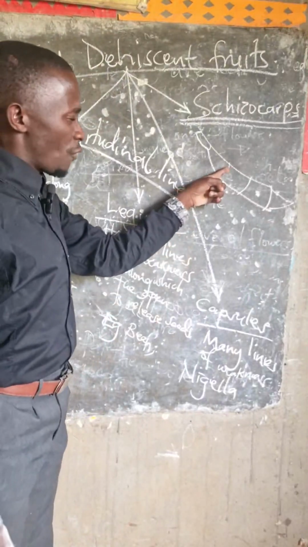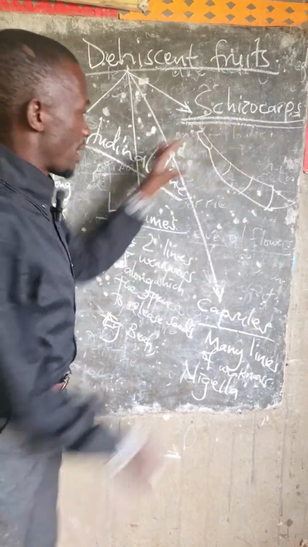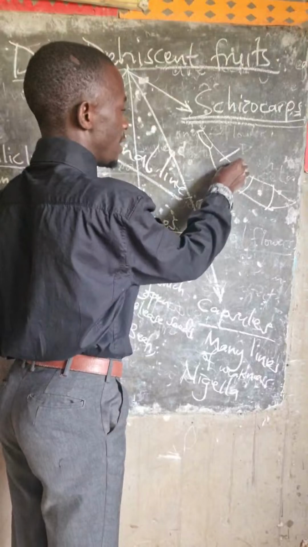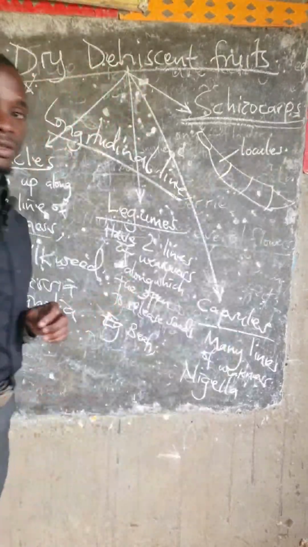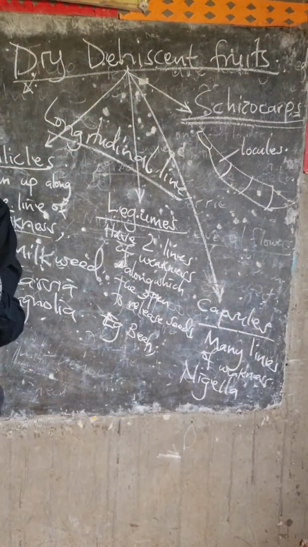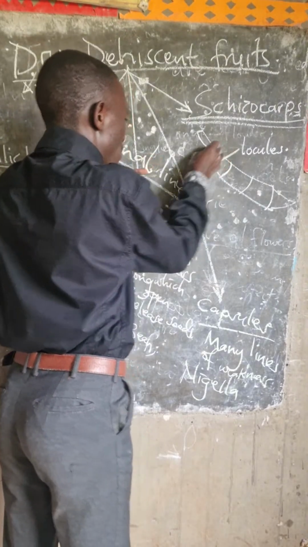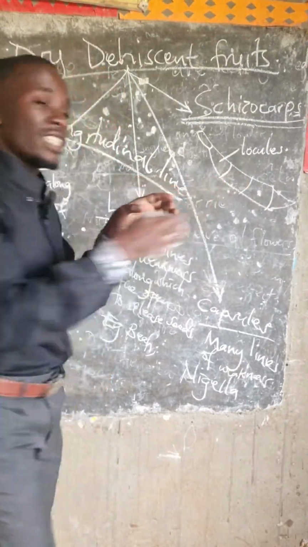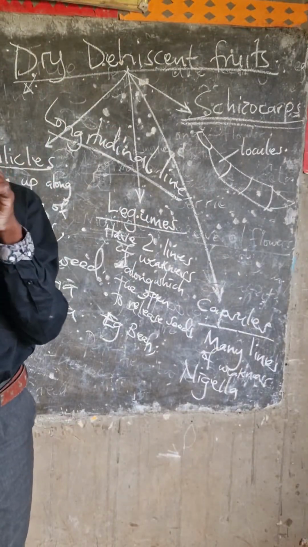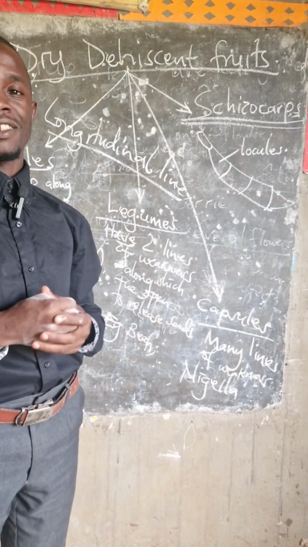These vertical lines of weakness do not open to release the seeds, but they separate what we call locules, the compartments where seeds are found. When dry, or ripe, or mature, these schizocarps break along these vertical lines of weakness to set free the locules containing seeds, but they do not expose the seeds.